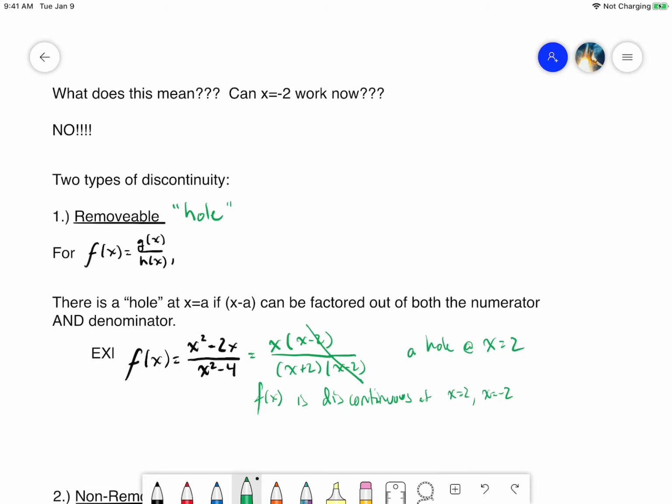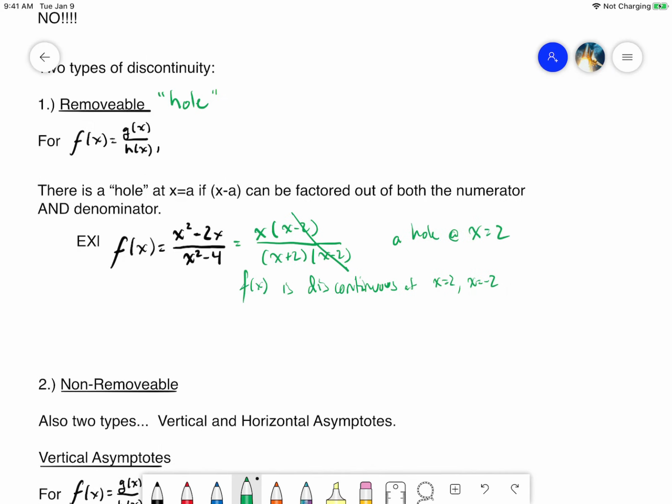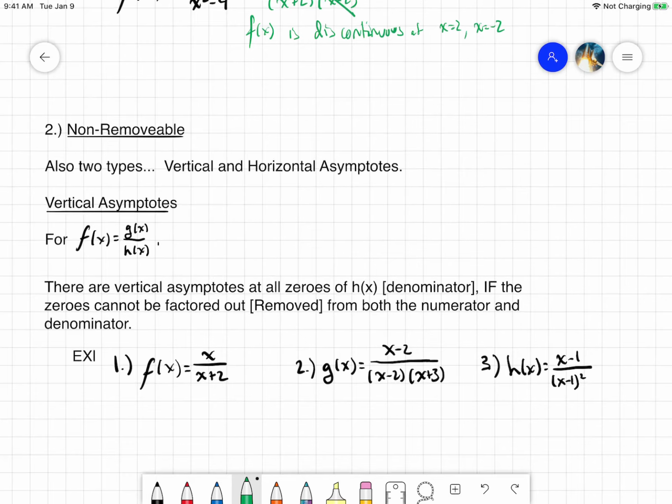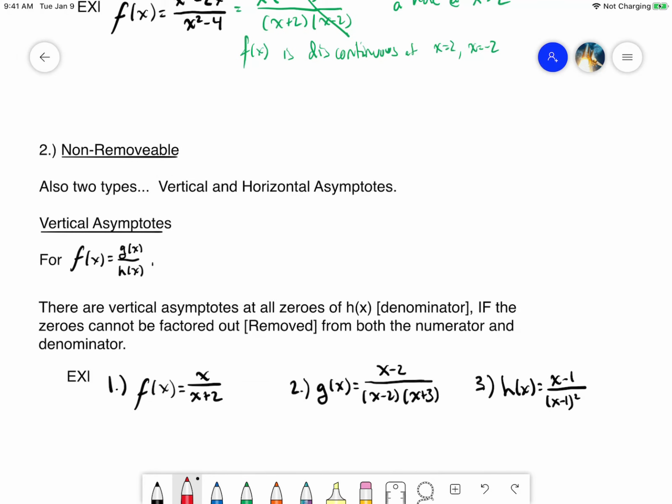Okay, so that leads us to our second type of discontinuity, which is called a non-removable discontinuity, or in other words, asymptotes. Now there are two types of asymptotes that we've looked at so far because we've seen examples of these before: vertical and horizontal asymptotes. We're going to save horizontal for later and just look at vertical asymptotes.